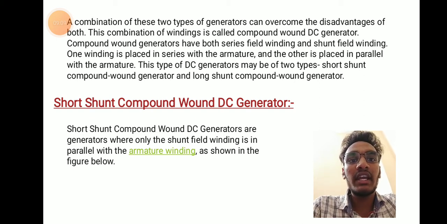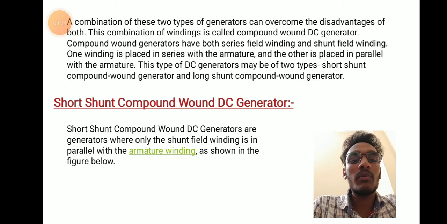One winding is placed in series with the armature and the other is placed in parallel with the armature. These types of DC generators may be of two types: short shunt compound wound generator and long shunt compound wound generator.